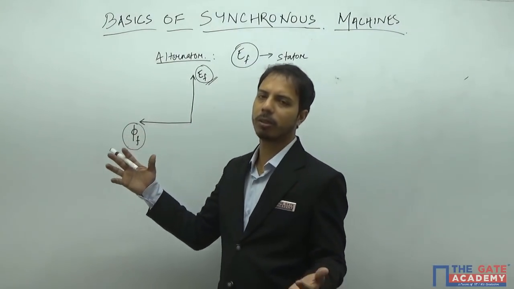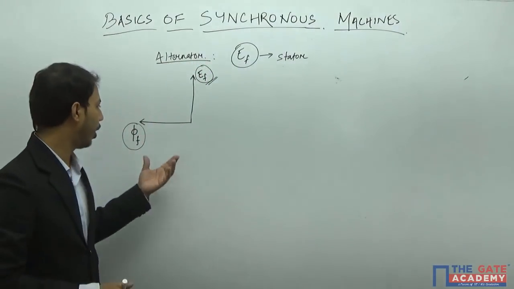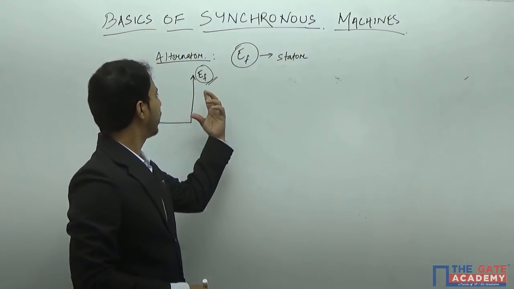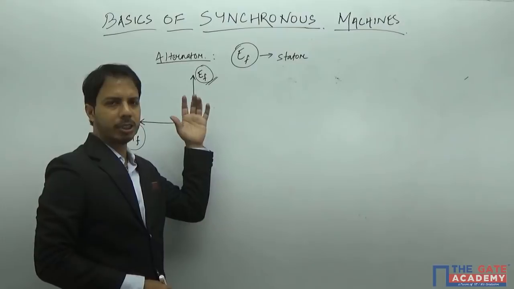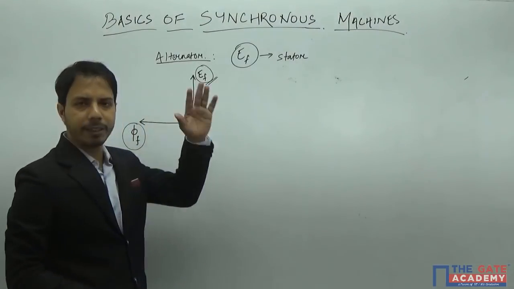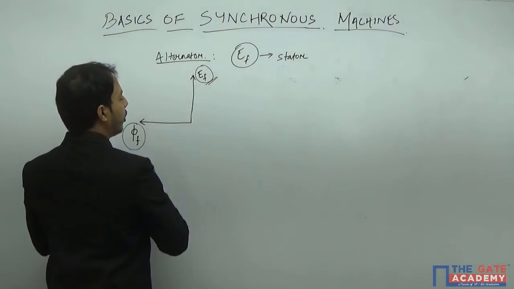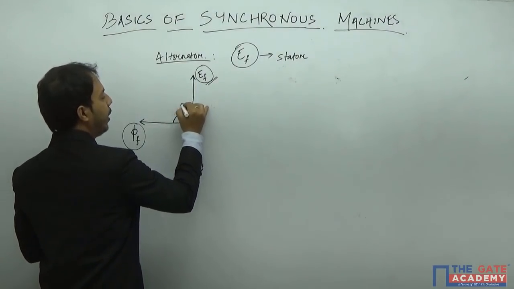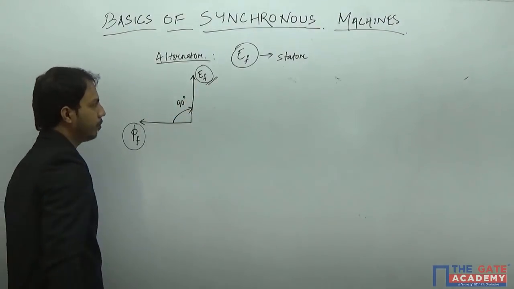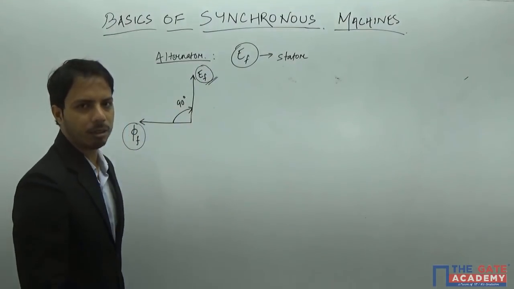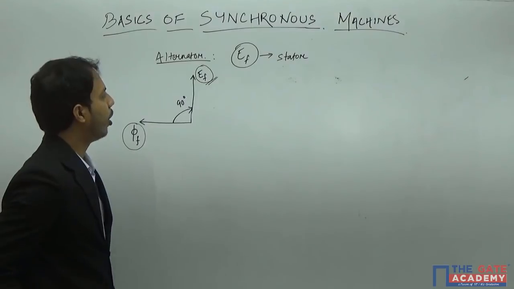Always remember this. Here the reason is this flux, and the effect or result is the induced EMF. That is why the induced EMF will lag 90 degrees. Lag means going clockwise, so this is going clockwise 90 degrees. This is the basic phasor of an alternator.